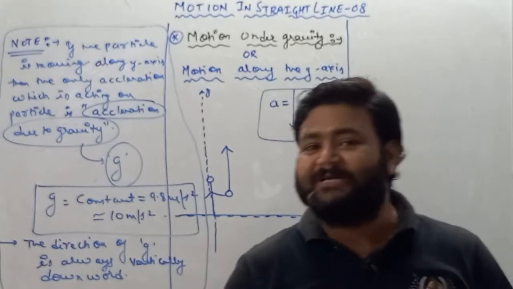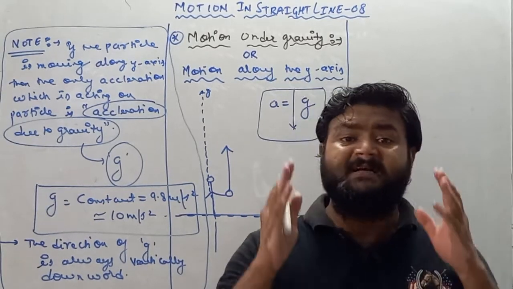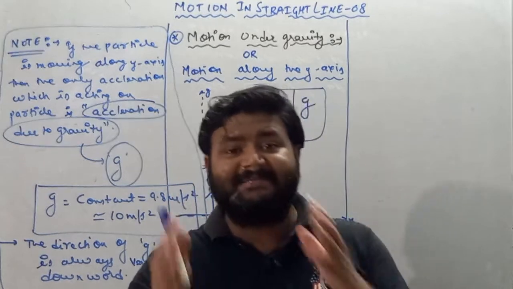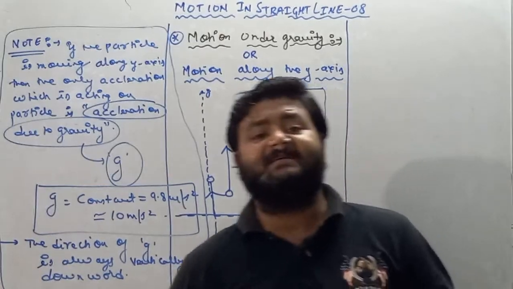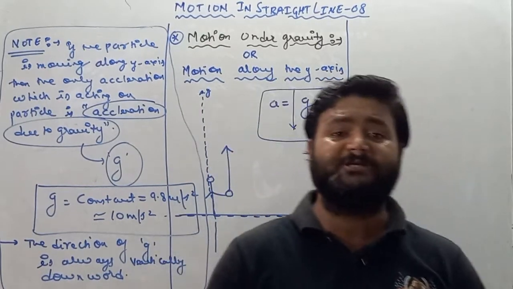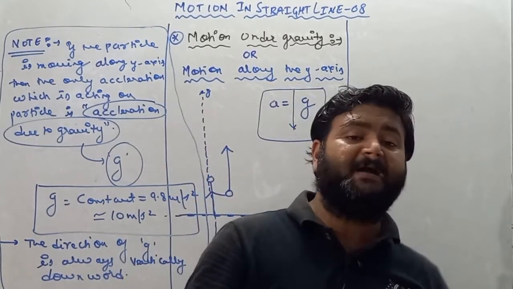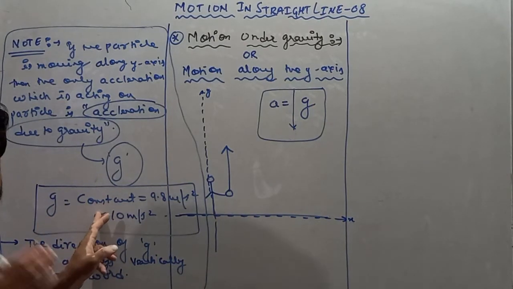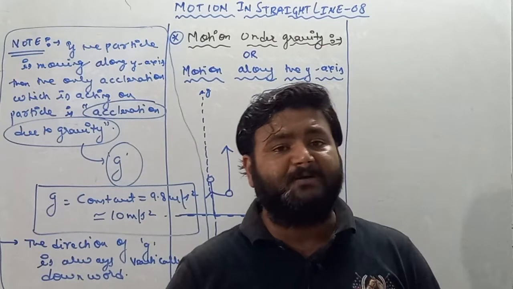It is called motion under gravity because this motion is achieved under a constant value of acceleration, and the only acceleration acting on the particle along the y-axis is acceleration due to gravity. The value of acceleration due to gravity is constant, and its value is 9.8 meter per second square.